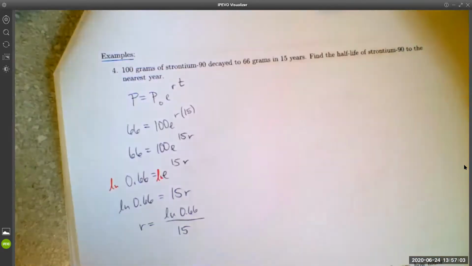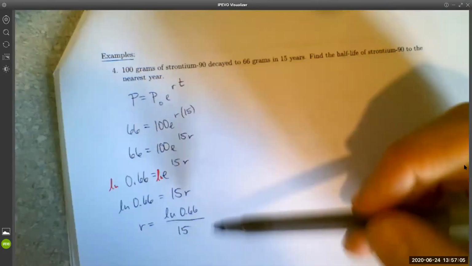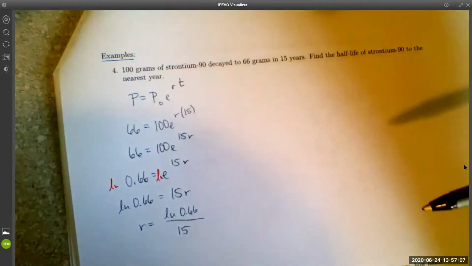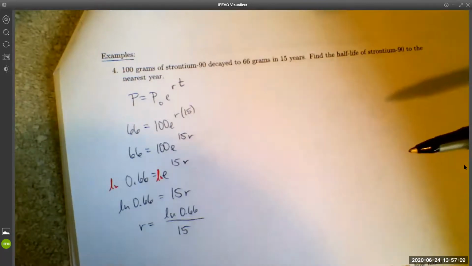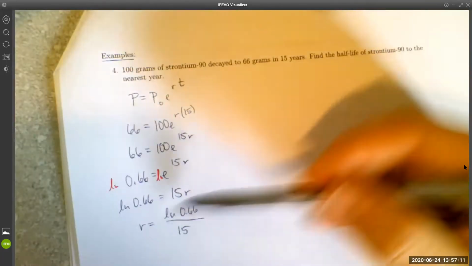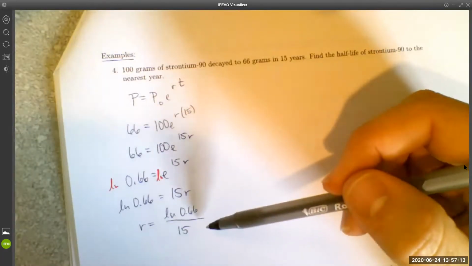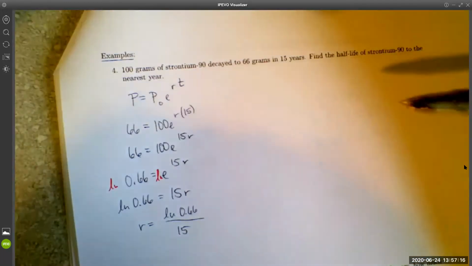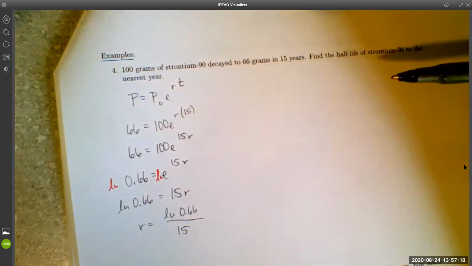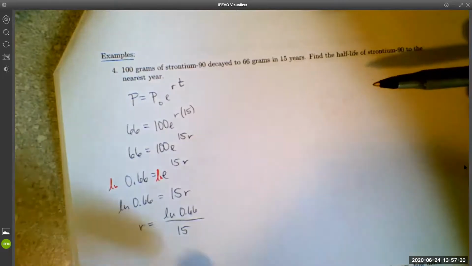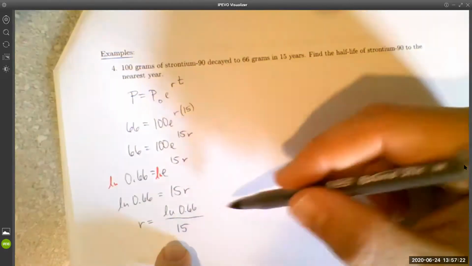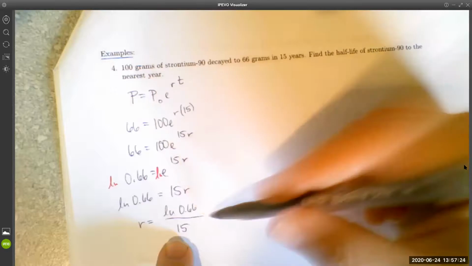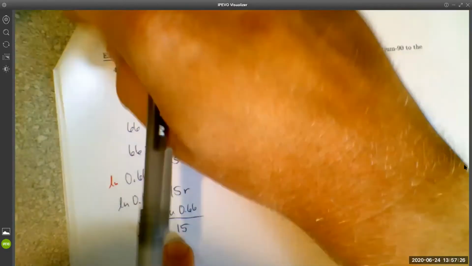I'm not going to bother to get an approximation for this yet because I want an exact answer. If I round at this step, then I'm going to have rounding errors in my final work, and I don't want that. Instead, I'm just going to use this exact answer in my half-life formula, right?